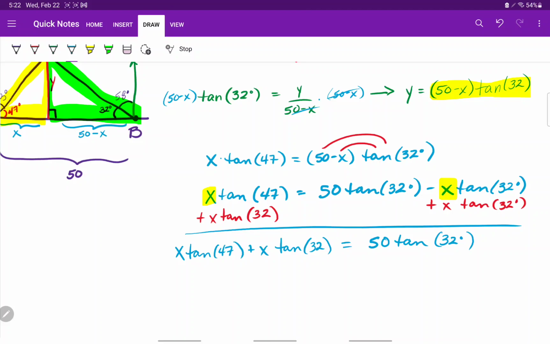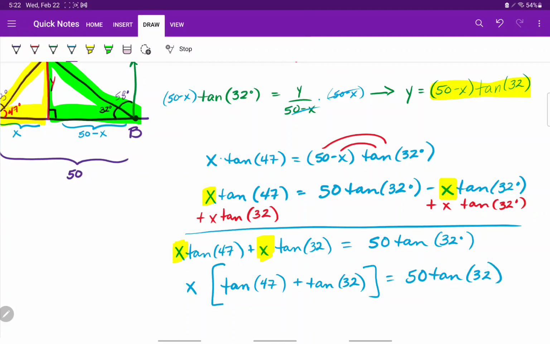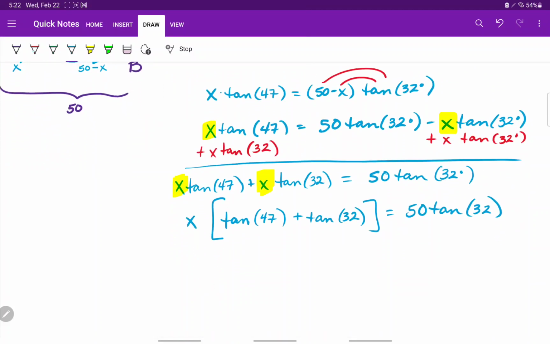We now have a common factor of x on the left side that we can factor out. And now when we factor that x out, the x only appears one time. And then to solve for x, we just need to divide by all that stuff in the brackets.